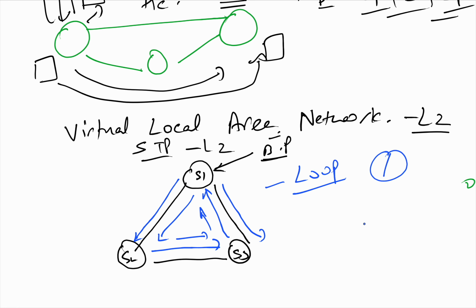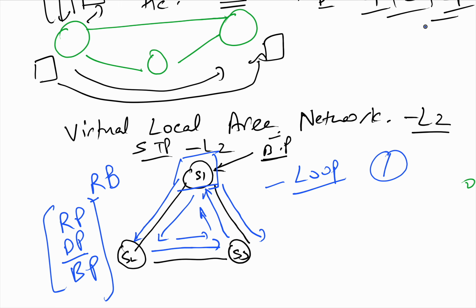Now to avoid this loop, we use spanning tree protocol. It creates a root bridge, root ports, designated ports, and a blocking port.